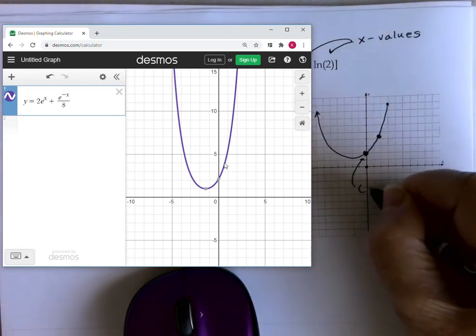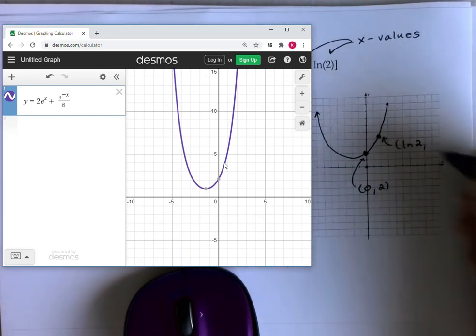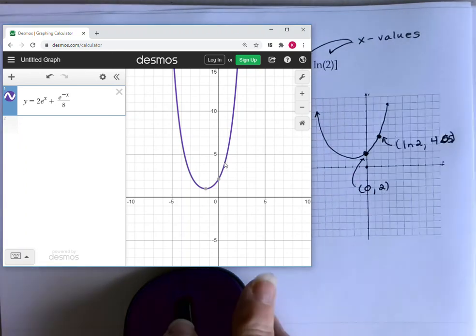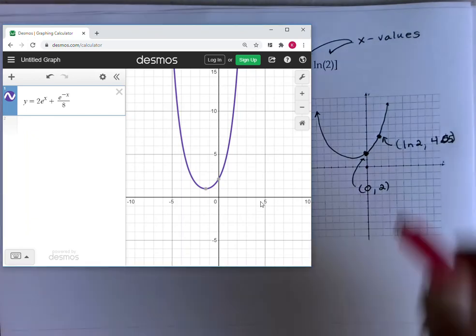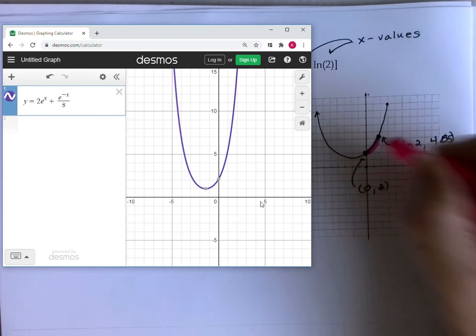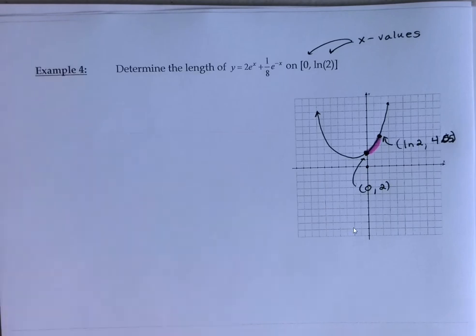So that's my 2.125, and this is about ln2, roughly 4.05, just for reference. And we are looking for the length of the curve in between them. All right, again, the picture is really just to satisfy our own curiosity. We don't need the picture to set this up.